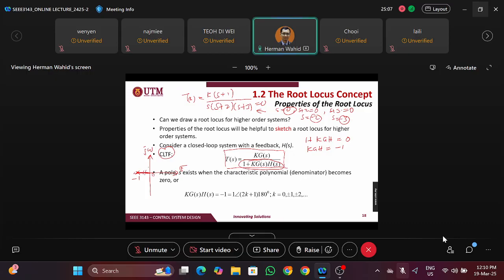The angle for this line, taken from the origin, is 180 degrees. So we can substitute here: the magnitude is equal to 1 and the angle is 180 degrees.